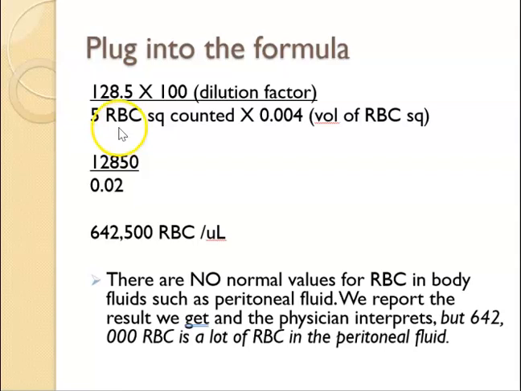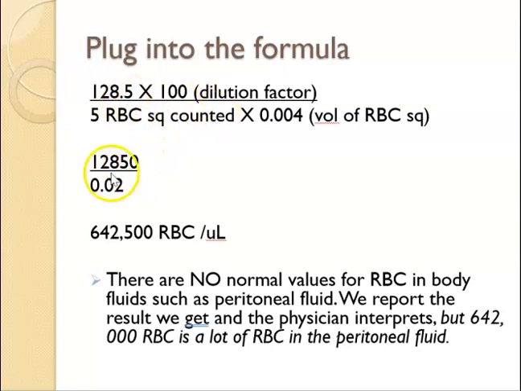And then next we're going to put 5 down for the number of squares counted on each side. He counted 5 of the small red blood cell counting squares. And now we've got to refer back to the volume of that small red blood cells counting square, which was 0.004.